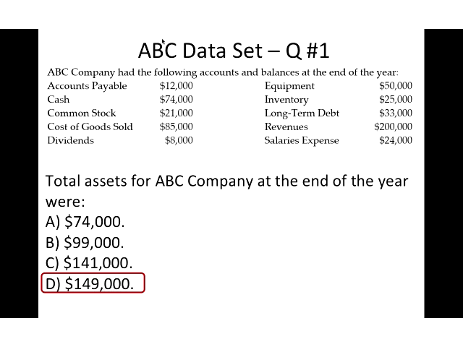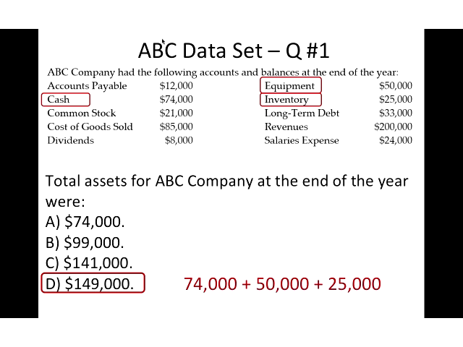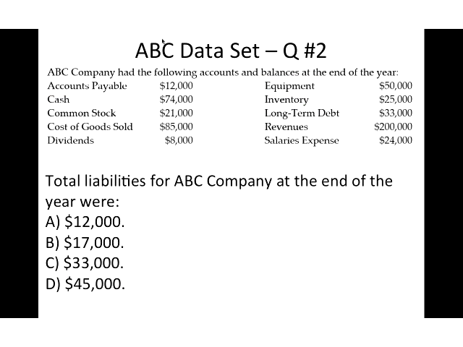Those 3 accounts are the only assets out of all of these accounts listed on the list. So that's how you would calculate the answer.